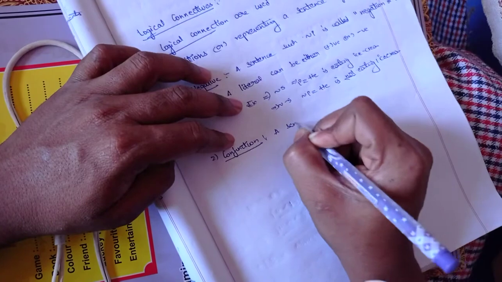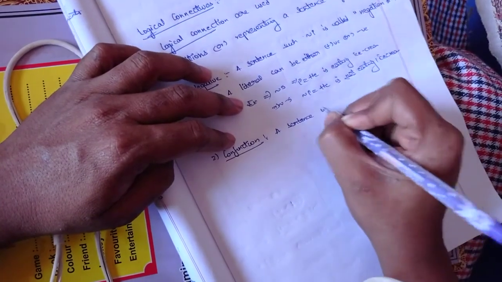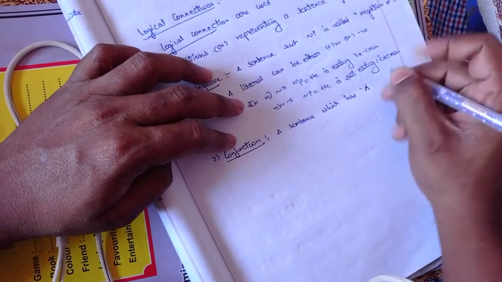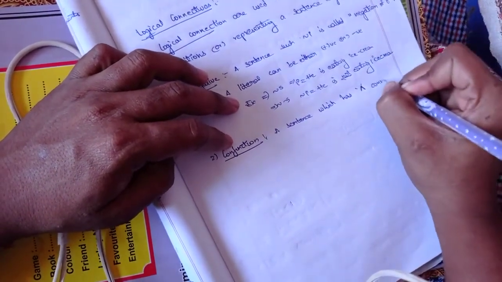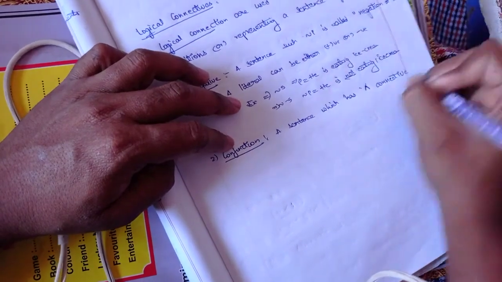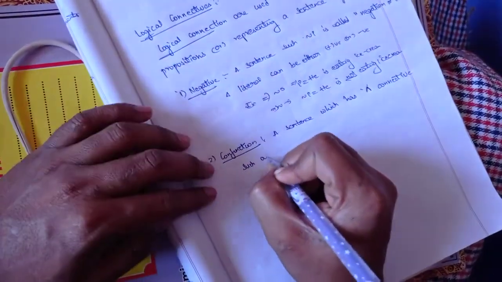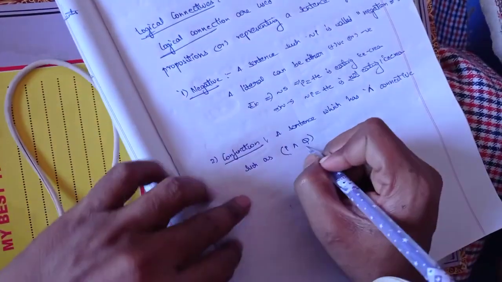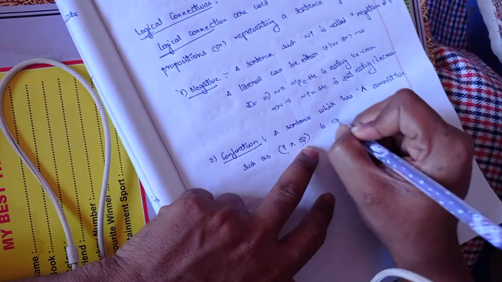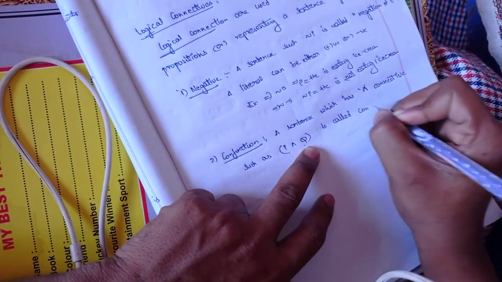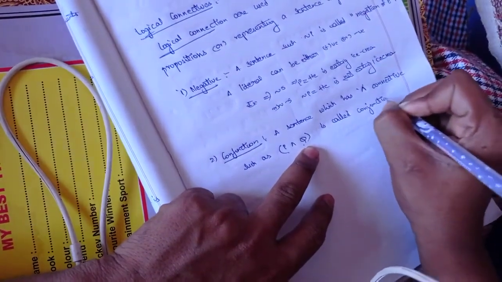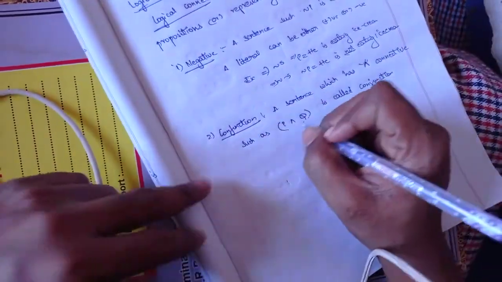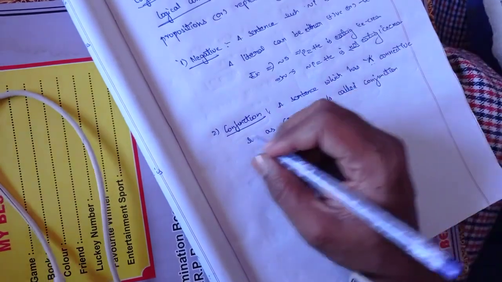A sentence which has this cap symbol as the connective, such as P conjunction Q. We read it as P conjunction Q, and it is called a conjunction. When you find a cap-like structure, it is known as the conjunction.